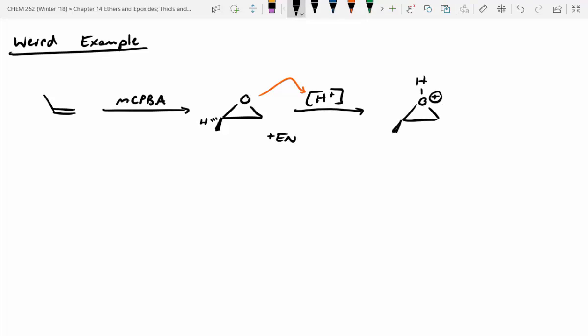Methyl group's still going to be a wedge. Hydrogen that's assumed will be a dash. And now we need to think about our nucleophile attacking. In this case, we've got a primary carbon here, and we've got a secondary carbon right here. If you don't have a tertiary carbon available, it will actually prefer to go after the less substituted carbon.